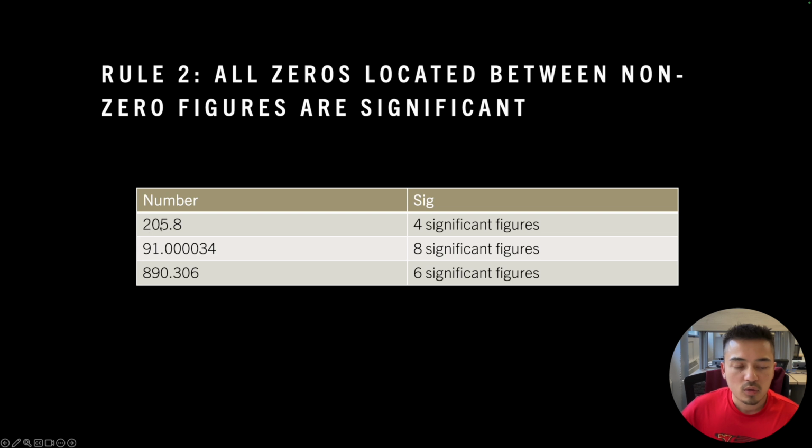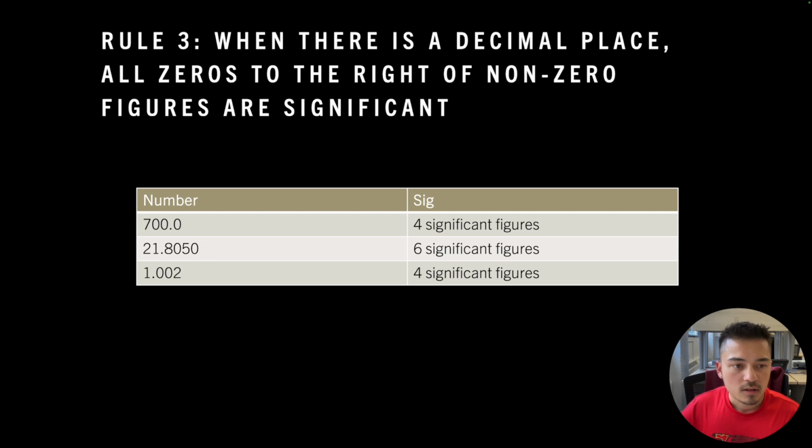So 205.8 will have 4 significant figures, as you have 2, 0, 5, and 8. 91.000034, these 4 zeros are also considered significant, so all these digits are significant, resulting in 8. 890.306 has 6 significant figures, as these 2 zeros are also significant, and you have 8, 9, 0, 3, 0, and 6 as all significant figures. So hopefully you guys understand this as well.